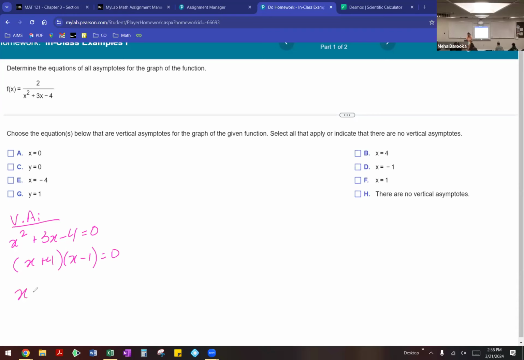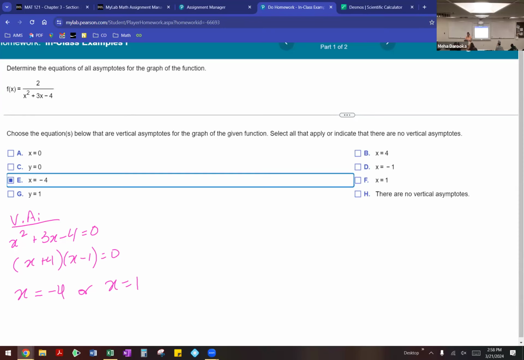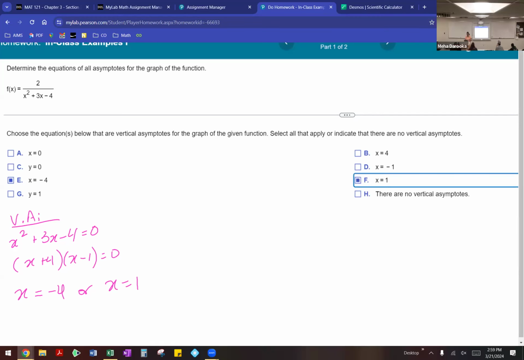So that will end up giving us x equals negative 4 for the first one, x equals positive 1 for the second one. So that's where our vertical asymptotes are. And then remember, those are also the numbers we wouldn't be including in our domain. So we of course have x equals negative 4 here, x equals positive 1 here.